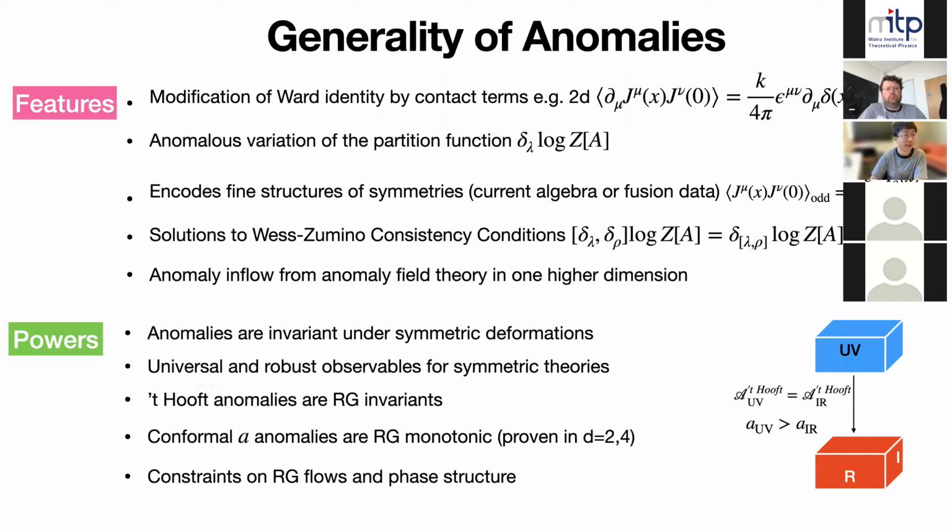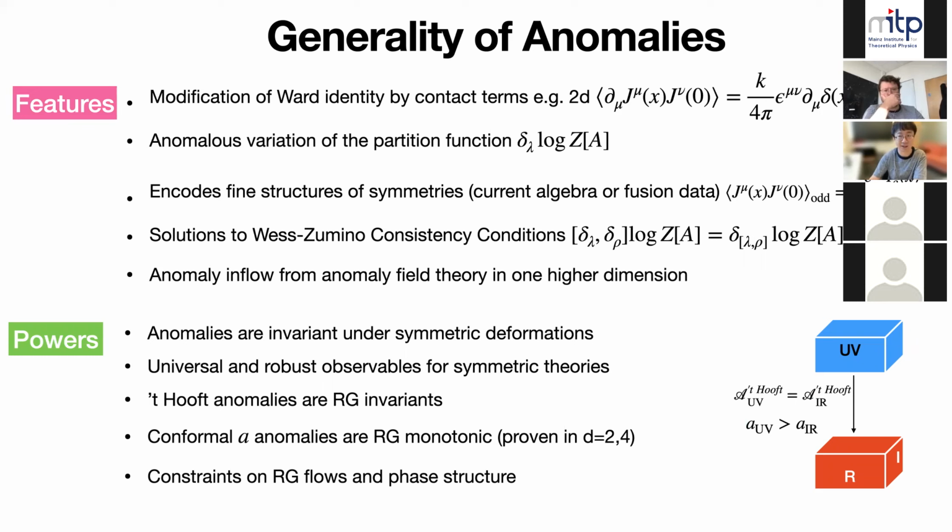So we want to talk about anomalies of these symmetries. So what are some general properties of anomalies before we insert defects? We know that anomalies correspond to modification of the Ward identity for the conserved currents by contact terms. So for example, in 2 dimensions, if you have a U(1) current, the divergence of the current can develop a non-trivial contact term when you have another insertion of the current.